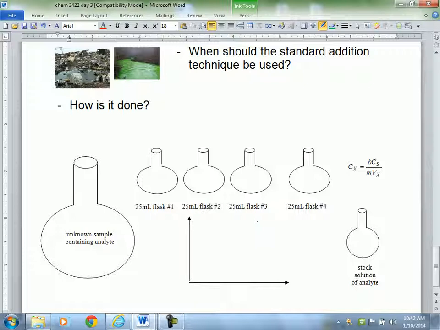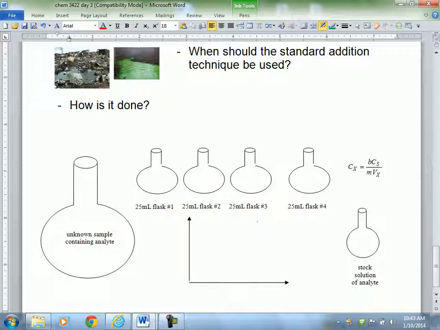Now what I'm going to do is spike them with different volumes of my analyte. And I know this is 700 parts per million. So I'm going to spike this one with 0, and remember, I have 25 mils to play with, so probably 5 mils, 10 mils, and 15 mils of this stock.